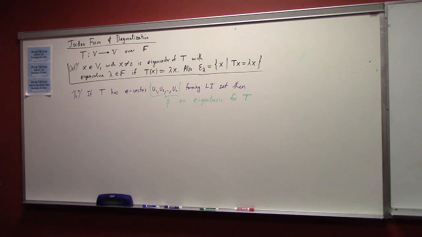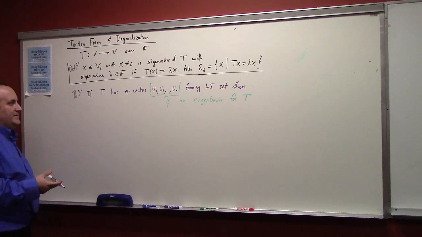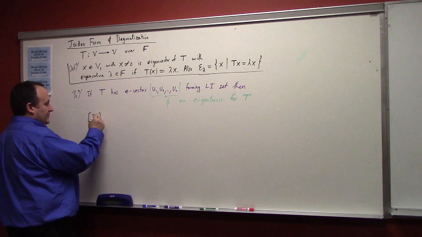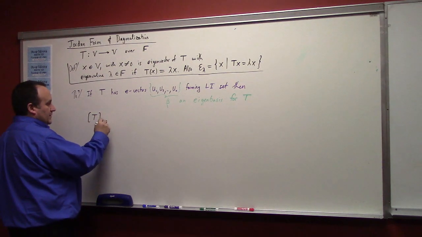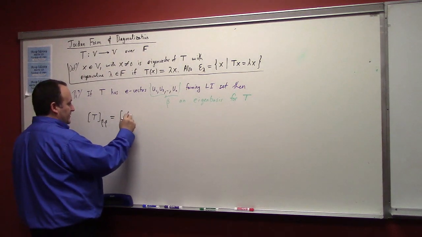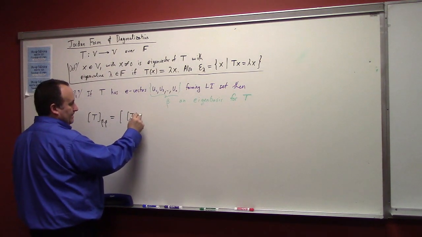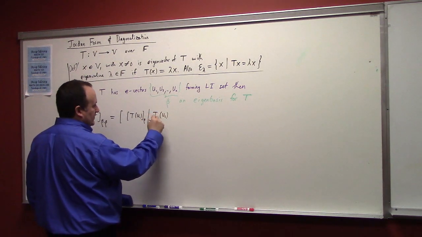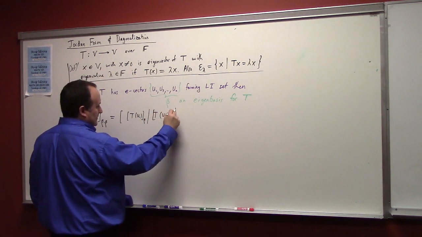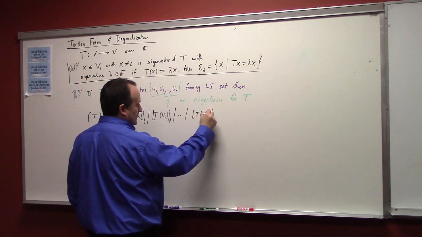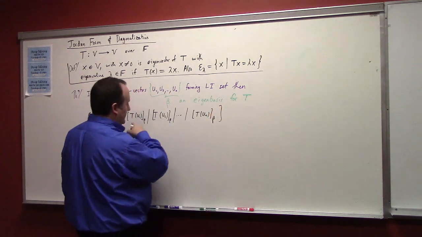And then in an eigenbasis, you can calculate the matrix of T with respect to this, right? And what happens? Well, remember how it goes. We do the coordinate vector of T of u1 with respect to the beta basis, the coordinate vector of T of u2 with respect to the beta basis, and so forth. But what are these respectively?